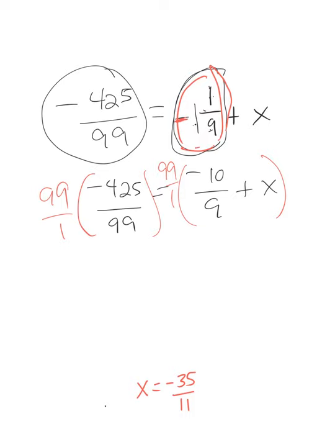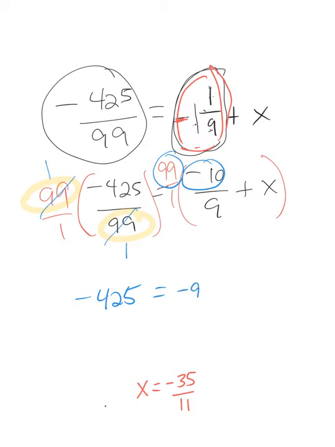So you see how I have the same number here and the same number here? Since I had the same number in both locations, this can cancel out. It goes to 1. What is 1 times negative 425? Negative 425. What is 1 times 1? 1. Okay, what is 99 times negative 10?